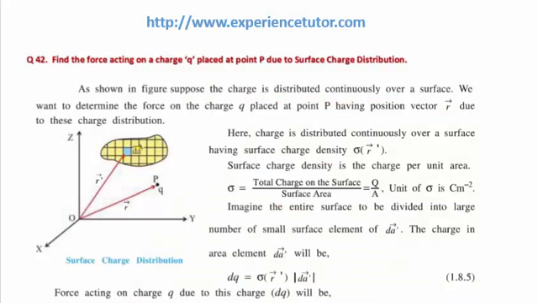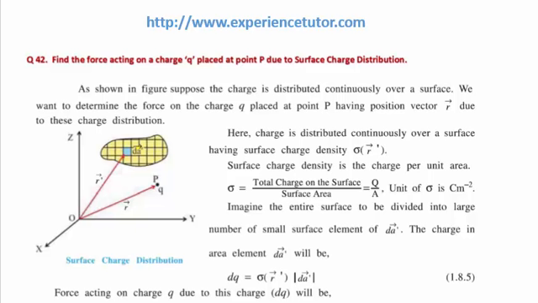Question number 42. Find the force acting on a charge Q placed at point P due to surface charge distribution. As shown in the figure, suppose the charge is distributed continuously over a surface.